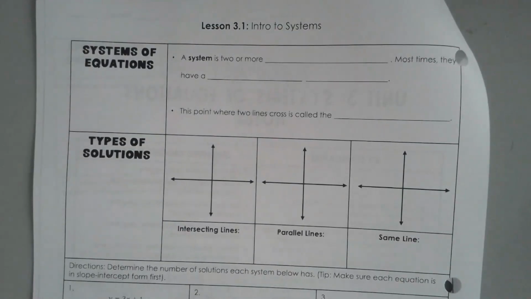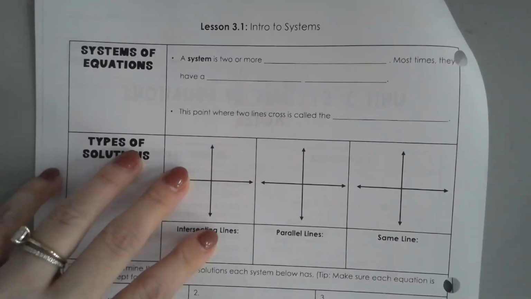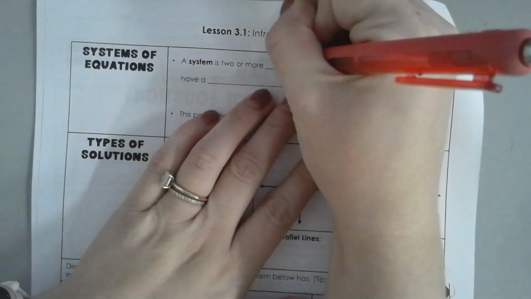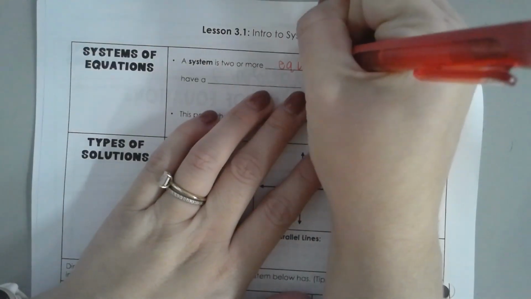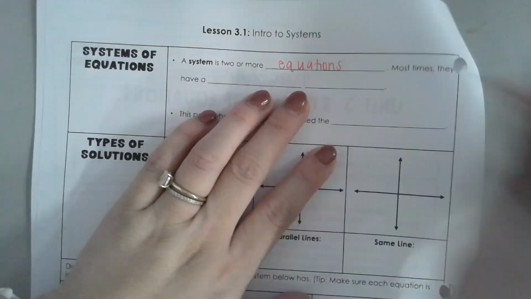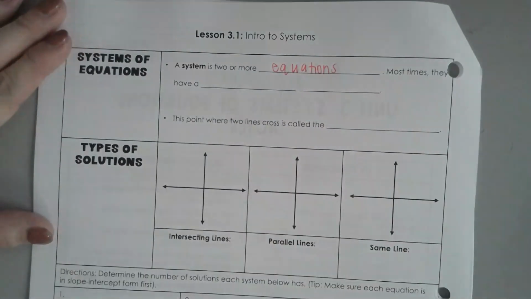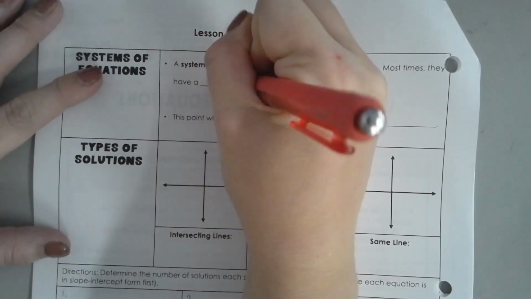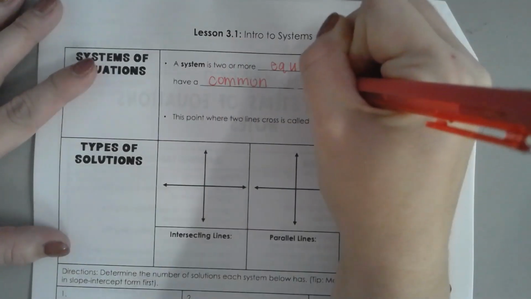So getting into it, a system is two or more equations. Most times they have a common point.